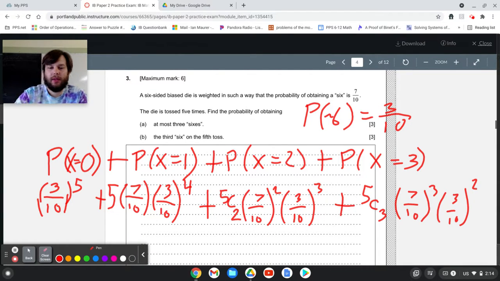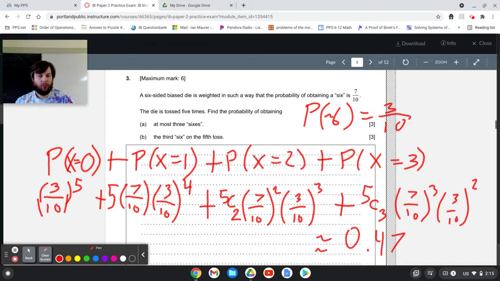And that gives me approximately 0.47. So that's one way to do it.